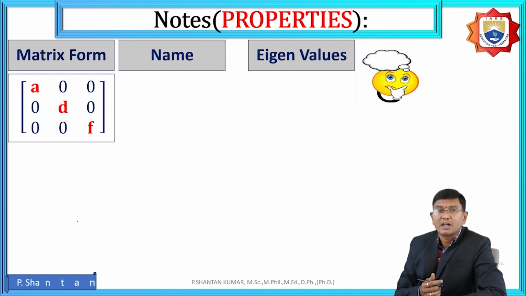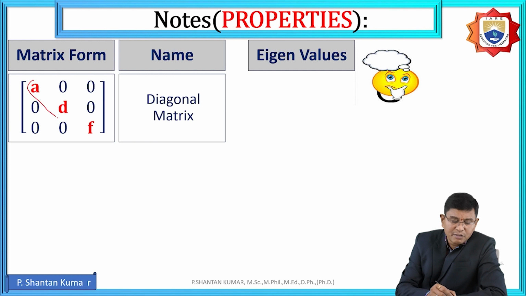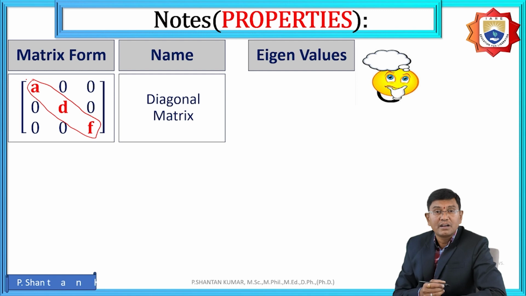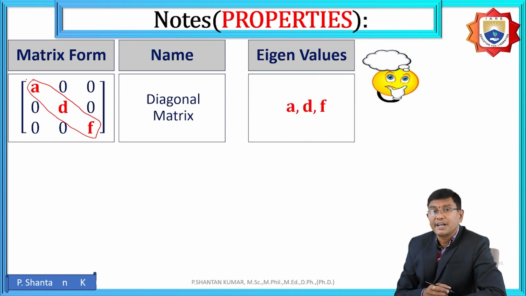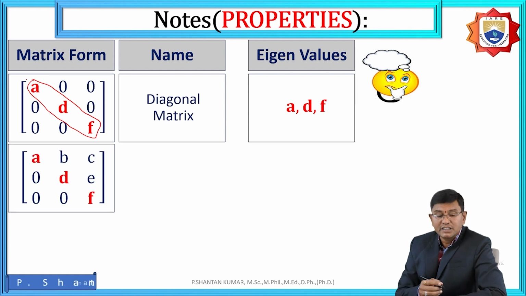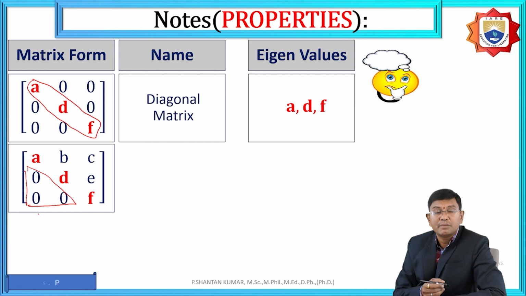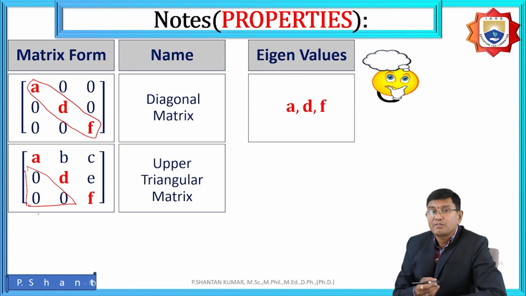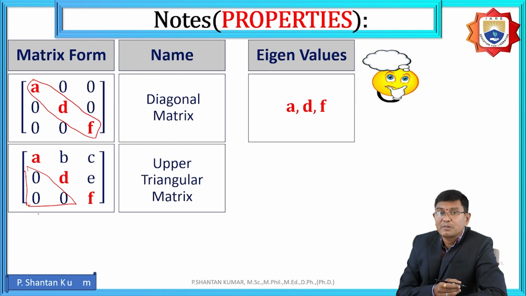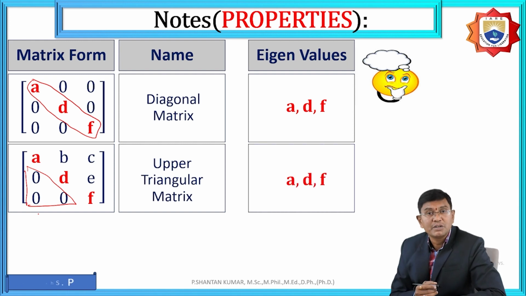It is also a diagonal matrix, so the diagonal elements are the eigenvalues. Here the diagonal elements are a, d, f. Therefore the eigenvalues are also a, d, f. And similarly to the previous 2 by 2, when the matrix is upper triangular, the eigenvalues are also the diagonal elements. Therefore a, d, f are the diagonal elements.